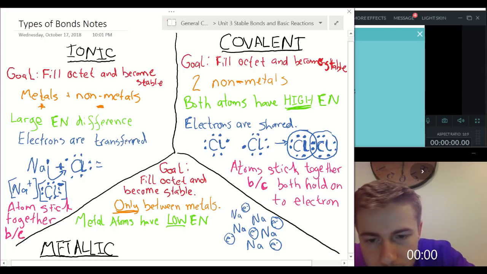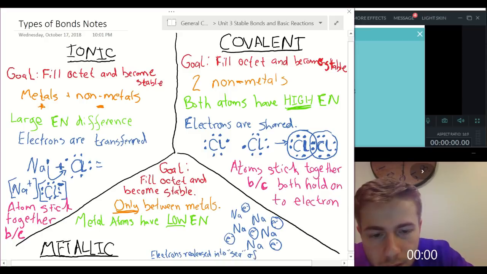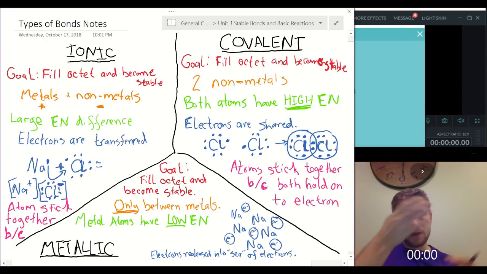Electrons released into a sea, like an ocean, of electrons, period. Okay, and they're just floating around.